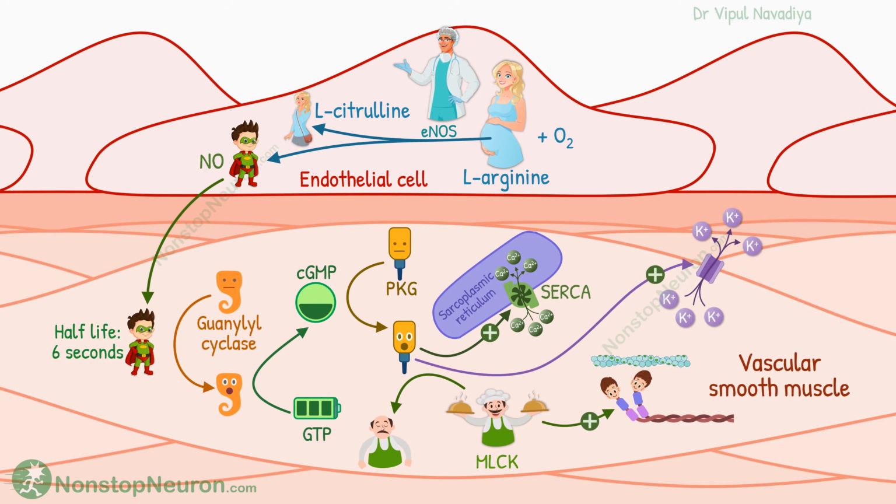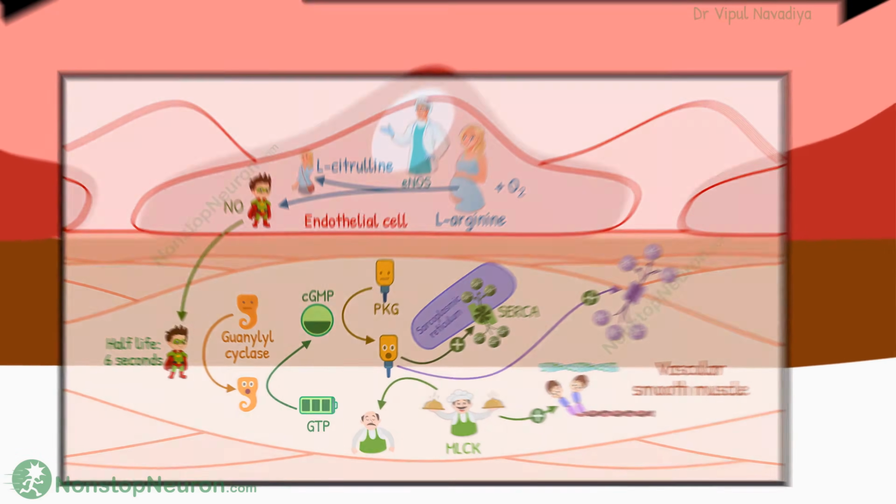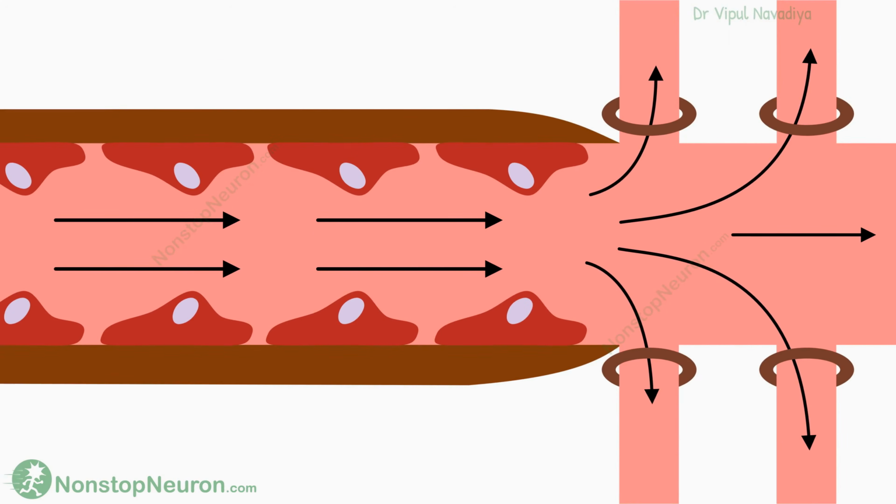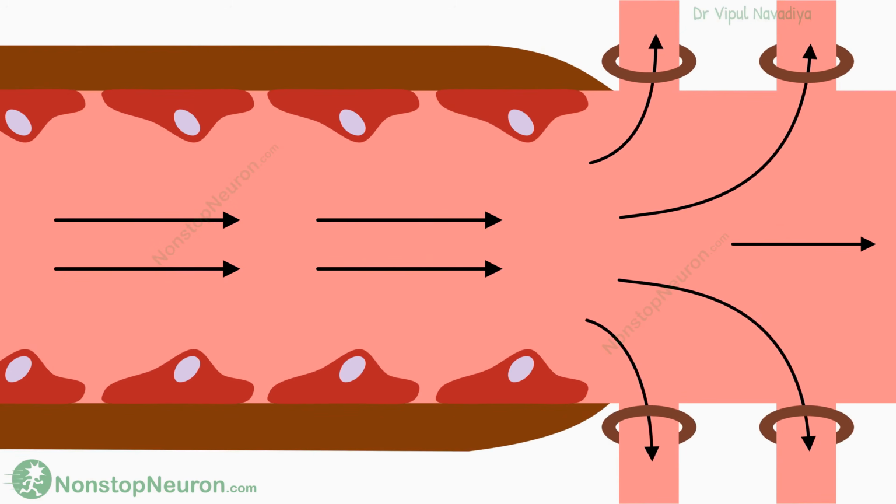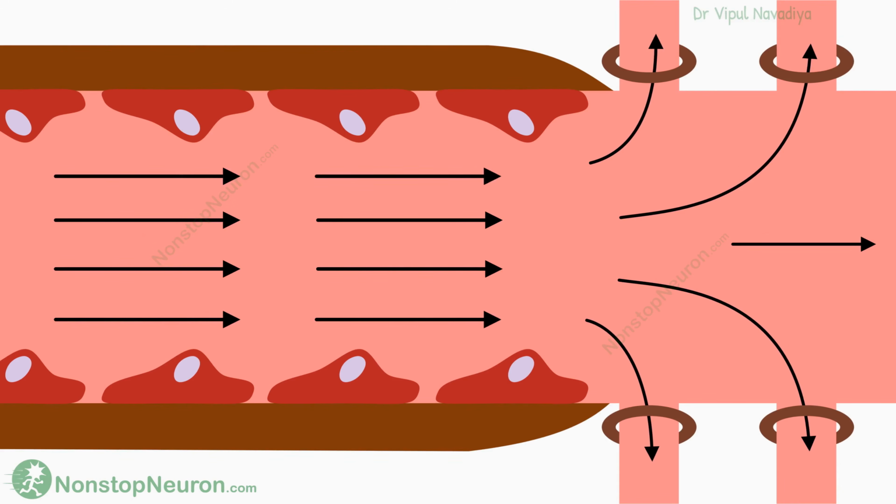If you don't want to remember all the detail, just remember, nitric oxide causes smooth muscle relaxation by acting on soluble guanylyl cyclase. At the vessel level, the relaxation of the muscles results in dilation of the vessel. So the resistance falls and flow increases.